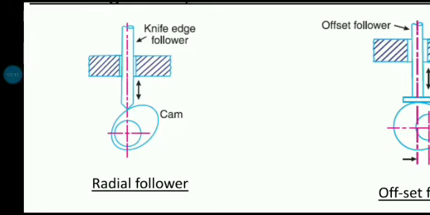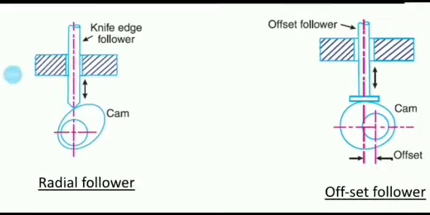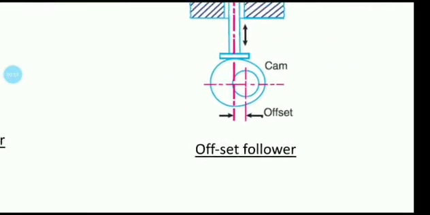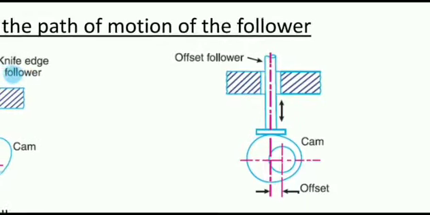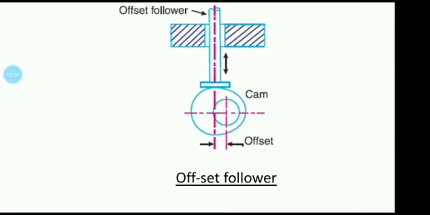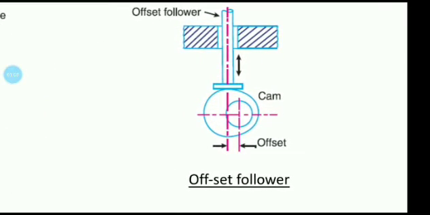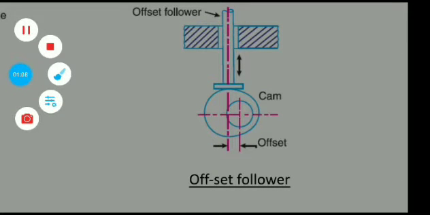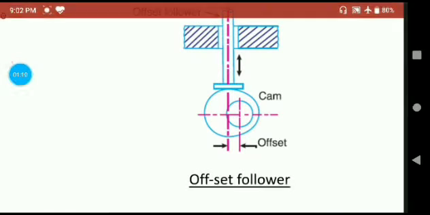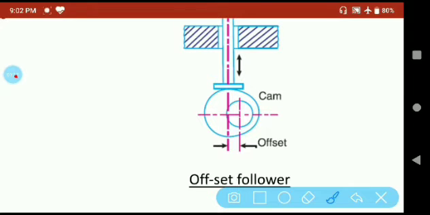That is, the axis of the follower and the axis of the cam coincide, which is known as a radial follower. In the case of an offset follower, the axis of the follower and the center of the cam are separated by a distance, and that distance is known as the offset distance.